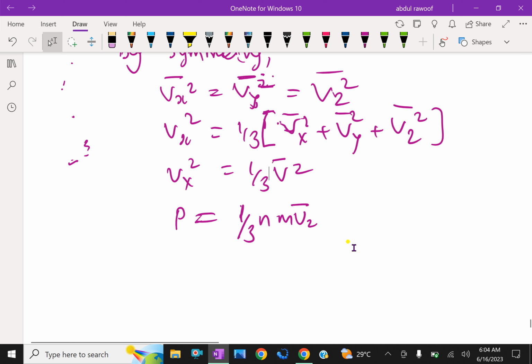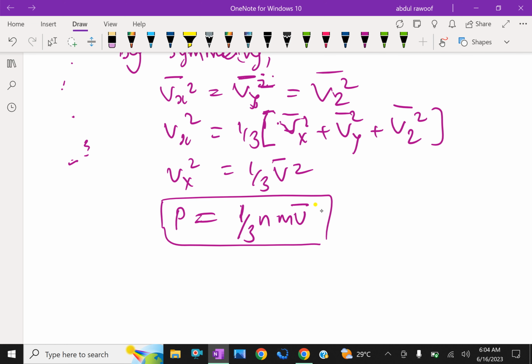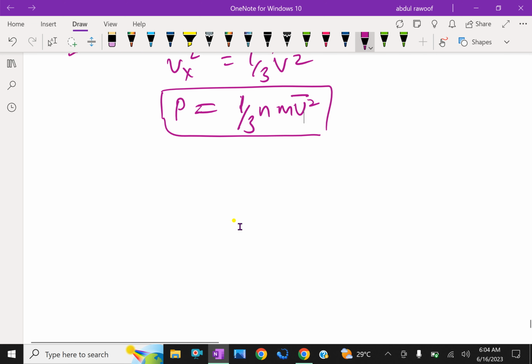Here, this is the pressure on the container: P equals 1/3 n m V bar square, where n is the number of molecules per unit volume and m is the mass of each molecule.